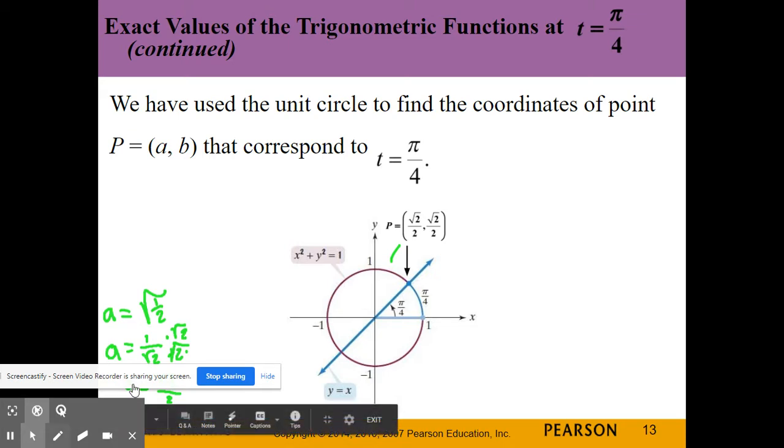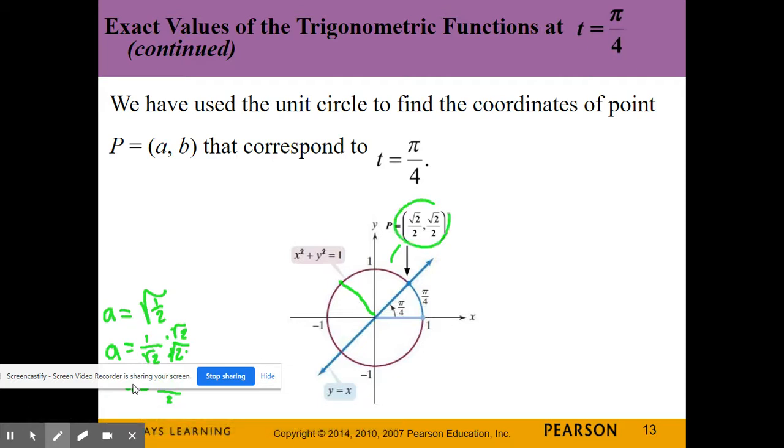And then again, what I was showing you before, that means for 135 degrees, it's the same numbers. It's just you make the first one negative, the second one positive. It's the same numbers down here. They're just both negative. It's the same numbers right here. It just goes positive, negative.